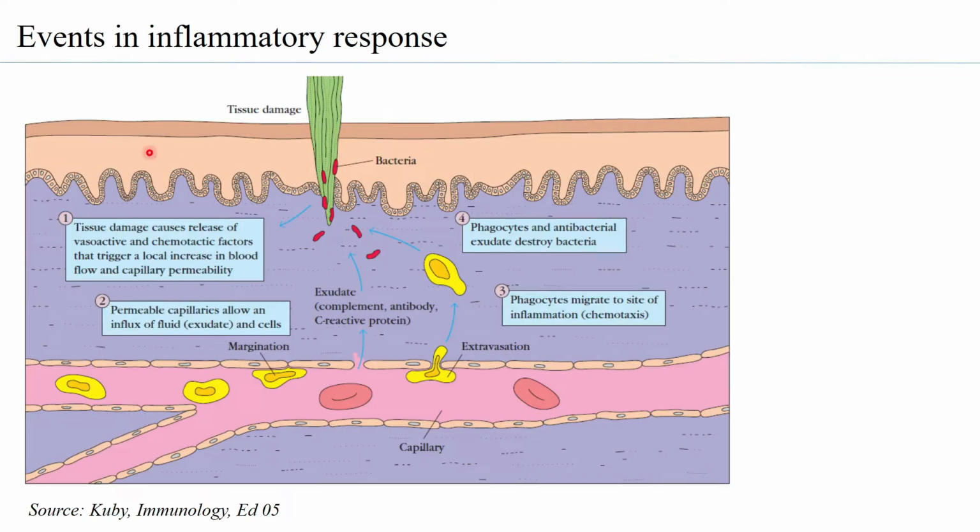So let us say, for example, take into consideration a tissue damage that may have happened because of a thorn. Now, when you have tissue damage, that damage is going across the barrier, that is the outer barrier, and therefore now there is a portal of entry for microbes.